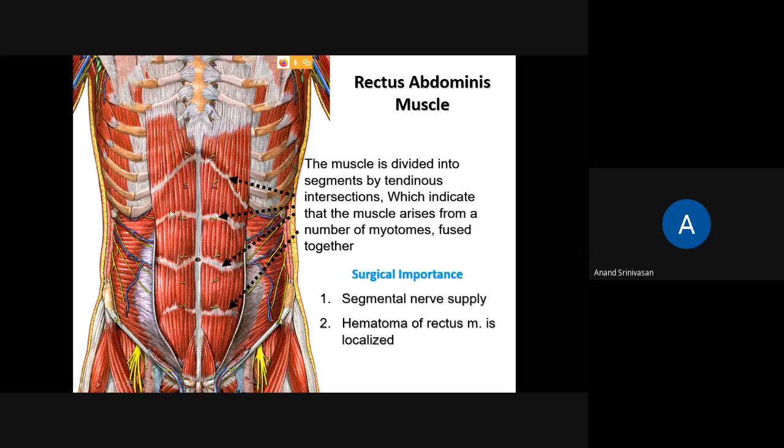However, the muscle fibers here are broken down into small muscle fibers so that it increases the muscle mass of the abdomen. Imagine if there are two or three dry sticks, you can easily break them. But if the sticks are smaller and plenty, it will be very difficult to break them. So that is why there are tendinous intersections.